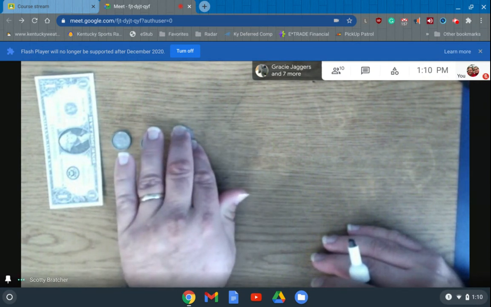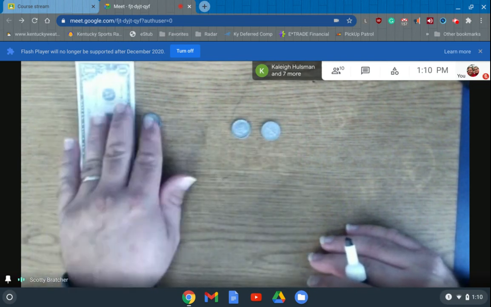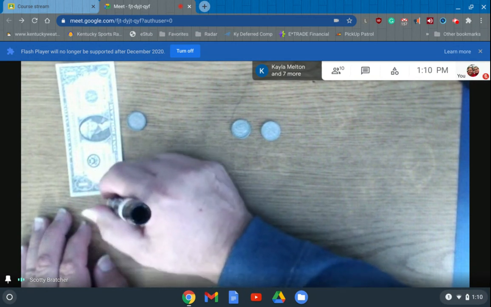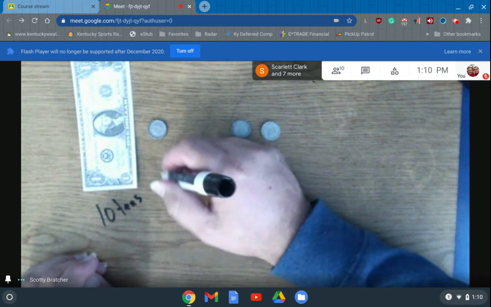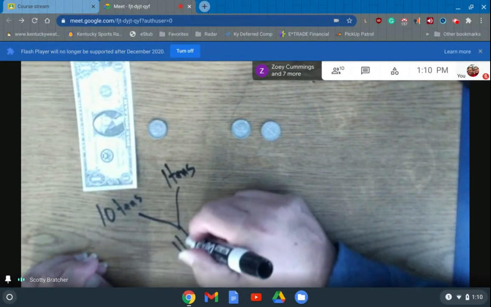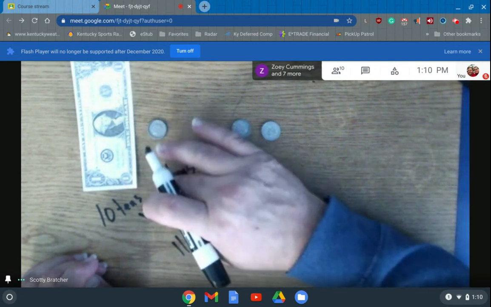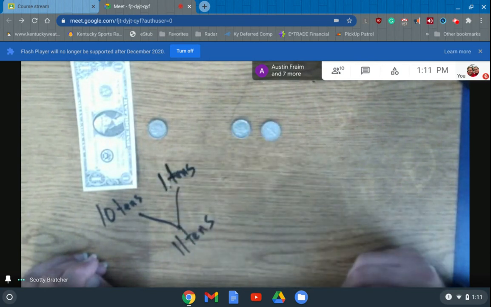So this together, I'm going to put it right here like this. I'm going to say 10 tens. That's this thing. Then I've got 1 ten. And if I put those together, I've got 11 tens. I'm going to separate that where you can see the 1.